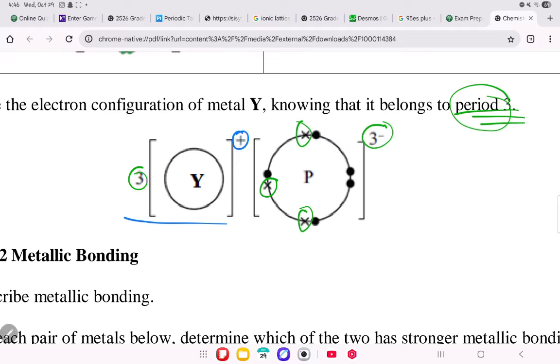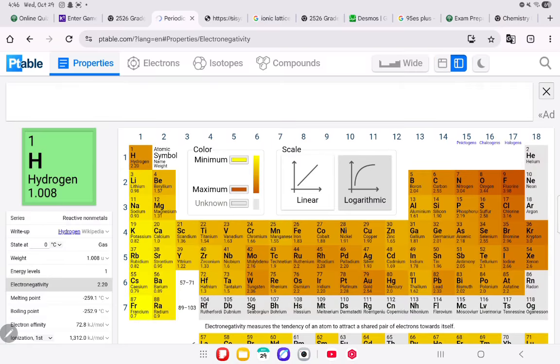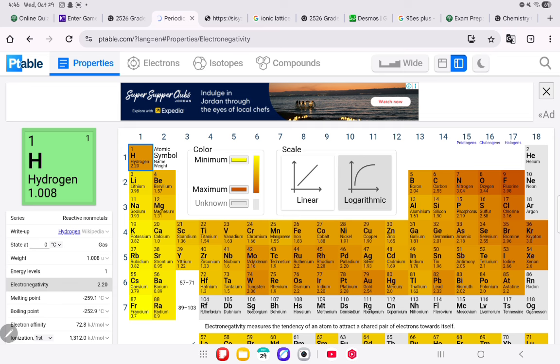And from this plus over here, we can determine the group. Because it has a plus charge, we know that this is in group 1. So we know it's in group 1 and in period 3. If we check the periodic table, group 1, period 3, here we go, that's going to be sodium.